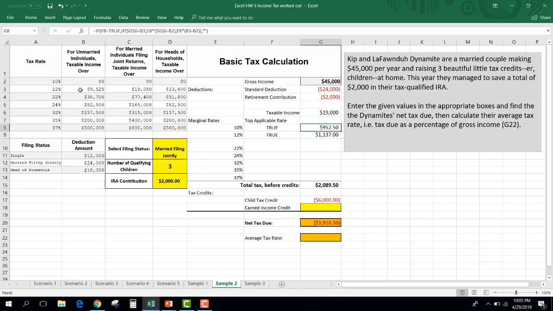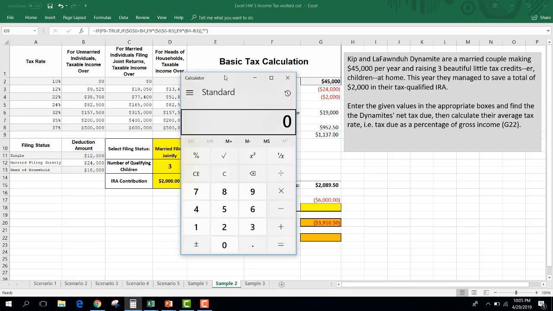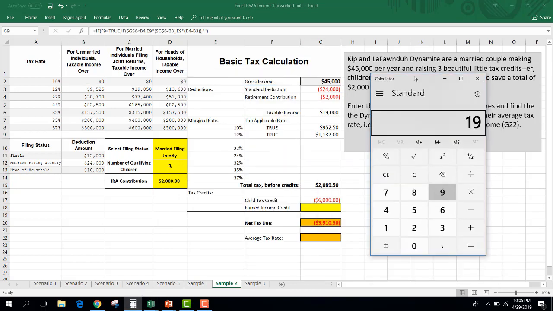And then 12%, they're going to pay on their income between 19,000 and the 9,525. So they have 9,475 worth of income in this 12% bracket, and if we multiply that by 12%, we'll see that that tax portion adds up to 1,137.